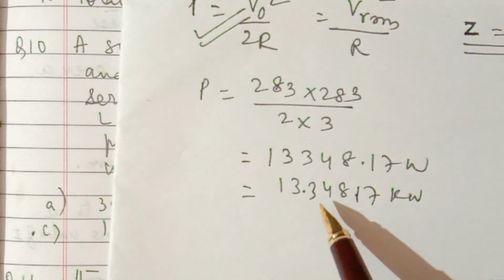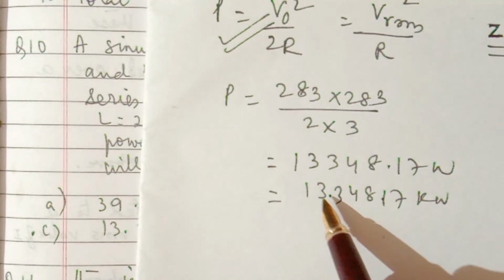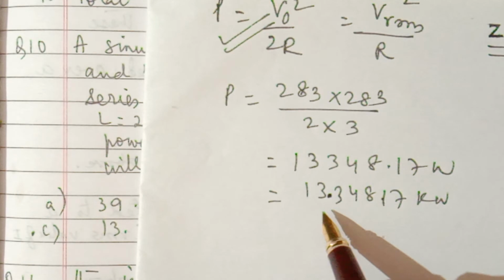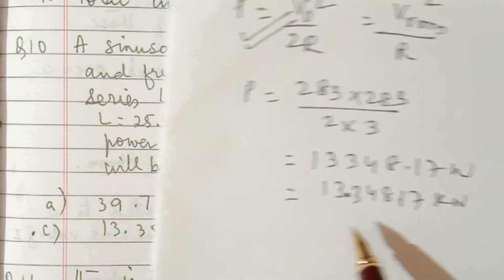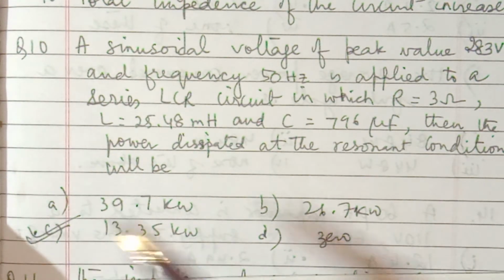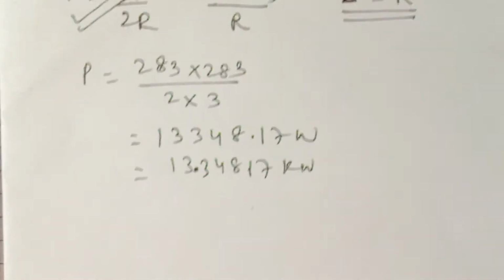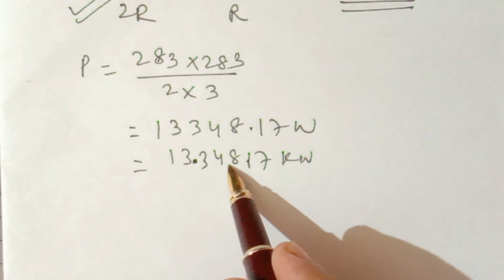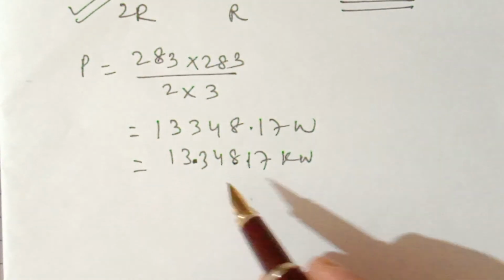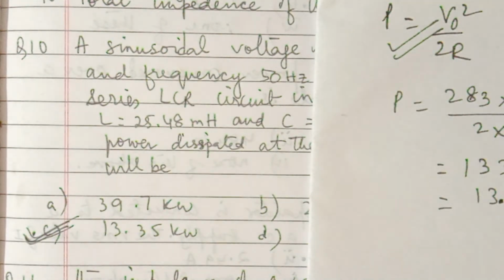So they have given the options in kilowatt, so we can convert, then compare. 13.348, so that means this option will be correct, 13.35. Okay, so you can understand 13.348 we can write as 13.35. So this is matching. So this is the answer.